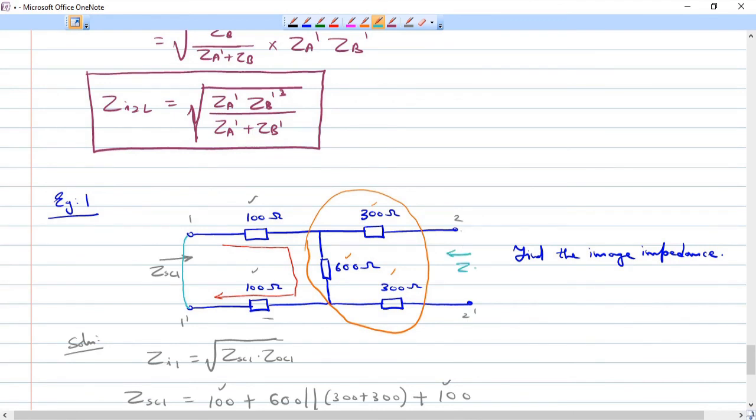We get ZSE2. It is a series combination of this 300 ohm and the parallel combination of this 600 ohm and this 100 ohm in series, and this 300 ohm.